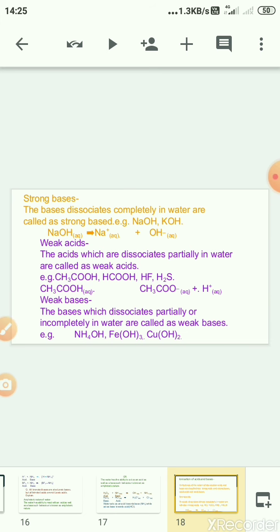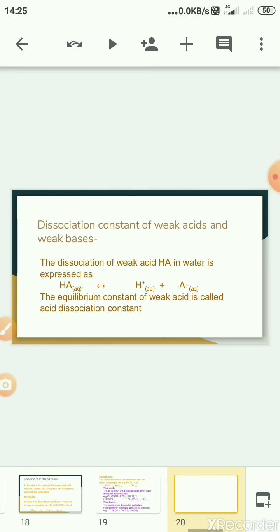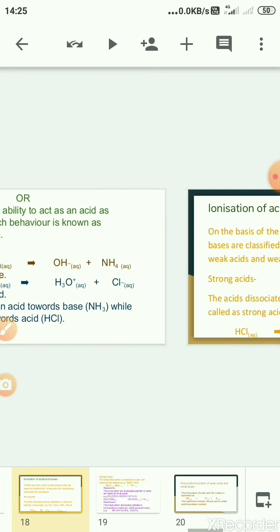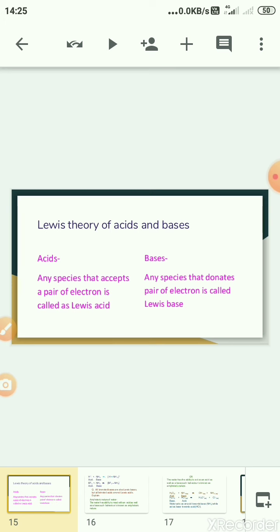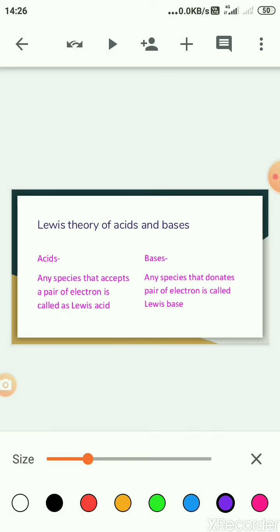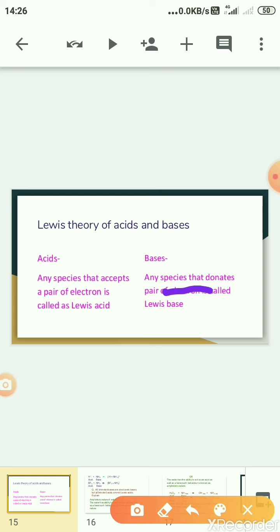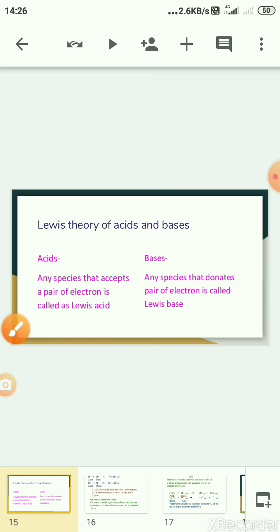Now what are the definitions of Lewis theory of acids and bases? The species or substances which accept a pair of electrons are called Lewis acids. In the opposite manner, any species or substances that donate an electron pair are called Lewis bases.